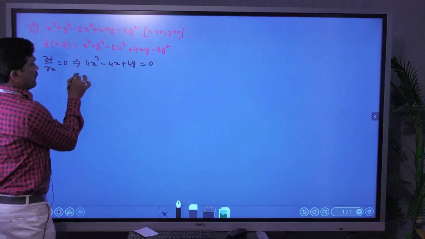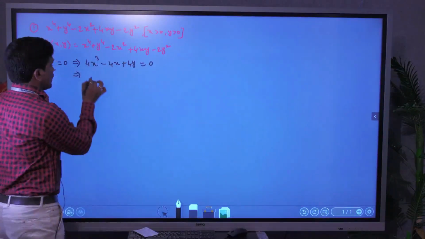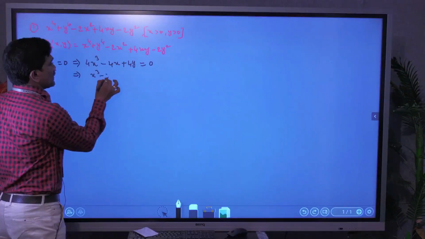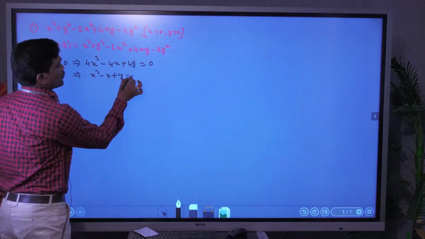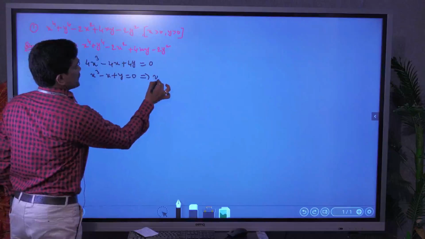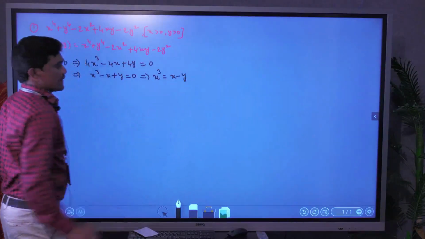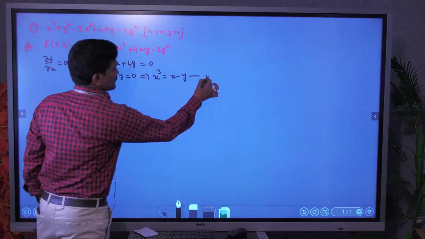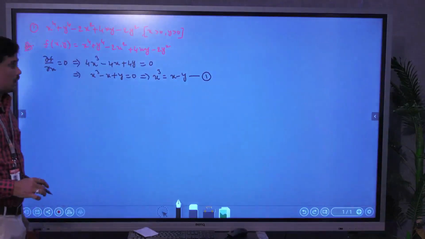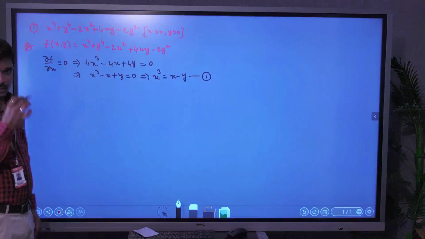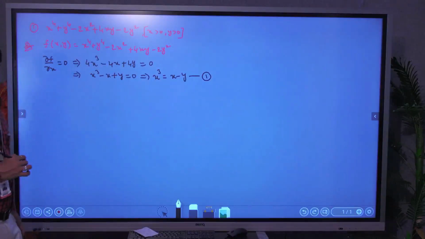Now 4 is the common factor, right? x cube minus x plus y is equal to 0. That implies x cube is equal to x minus y. Let it be equation 1, right? For dou f by dou x is equal to 0, we get x cube is equal to x minus y.